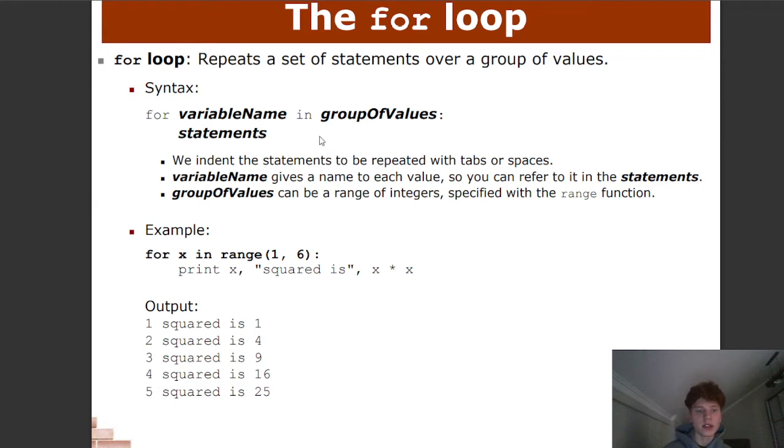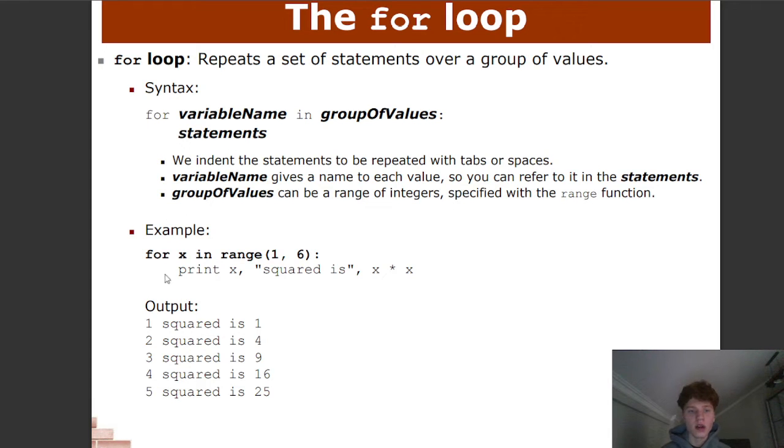We indent the statements to be repeated with tabs or spaces. The variable name gives a name to each value so you can refer to it in the statements. A group of values can be a range of integers specified with the range function.